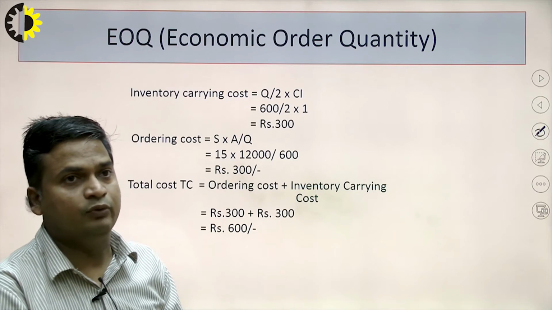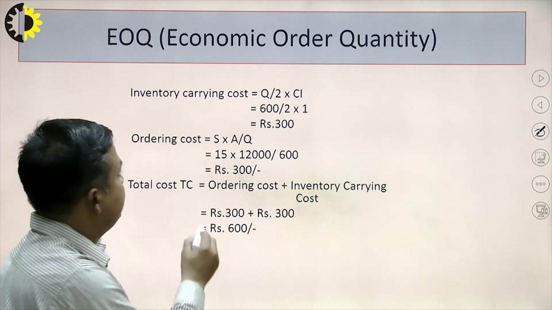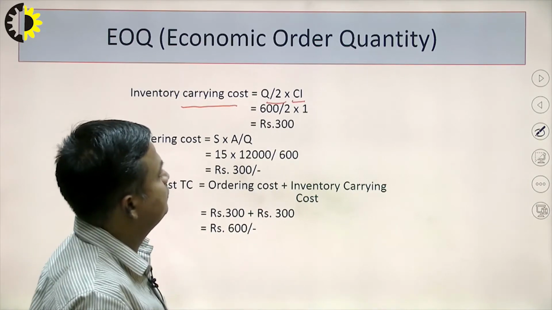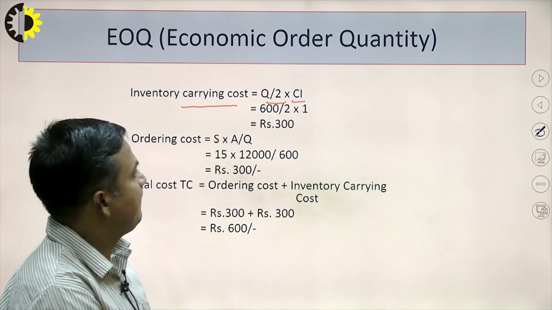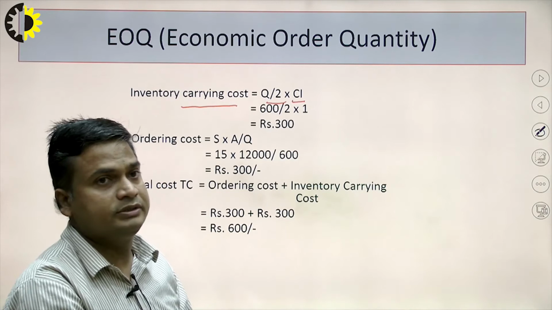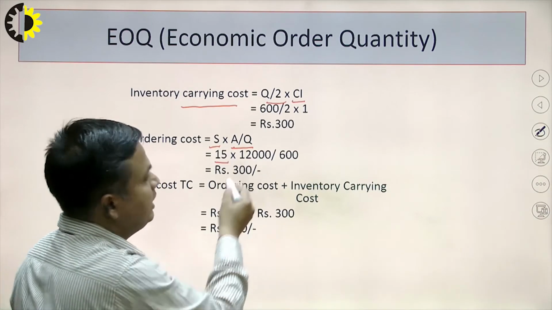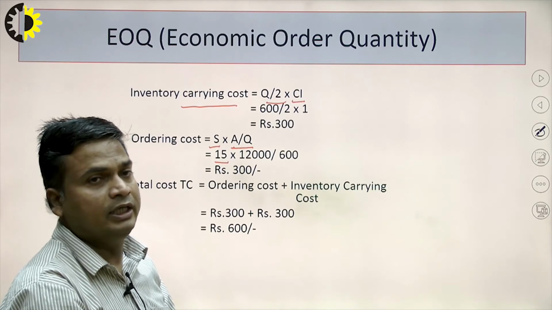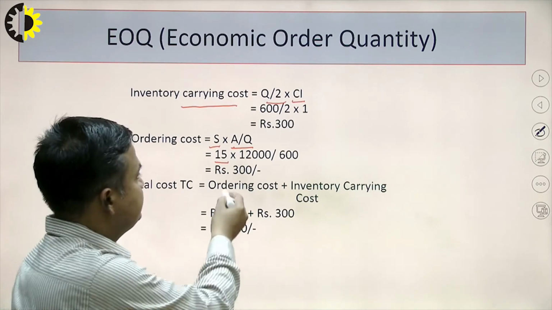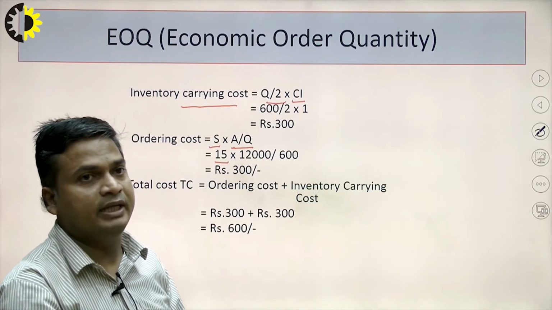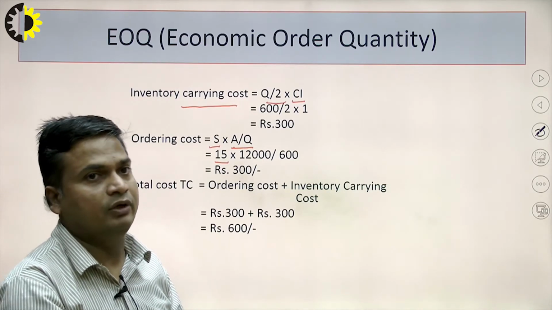Now, we have to find the total cost. So, we know that inventory carrying cost is Q by 2 into Ci, Q is 600, Ci is 1, it is 300. Ordering cost S into A by Q, S is 15, A is 12,000 and Q is 600. It is again the same, 300 and 300, and we also know that the inventory carrying cost is equal to the ordering cost.